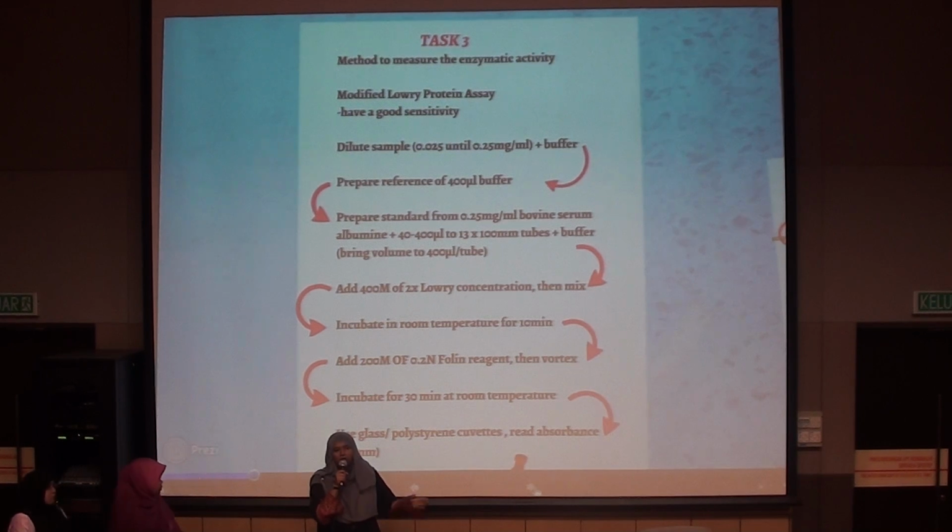Also, Coomassie-based assays are very acidic, so proteins that are acid intolerant cannot undergo Coomassie-based assays. And the Lowry protein assay demonstrates less protein-to-protein variability compared to Coomassie-based assays, which show 30% more variability.